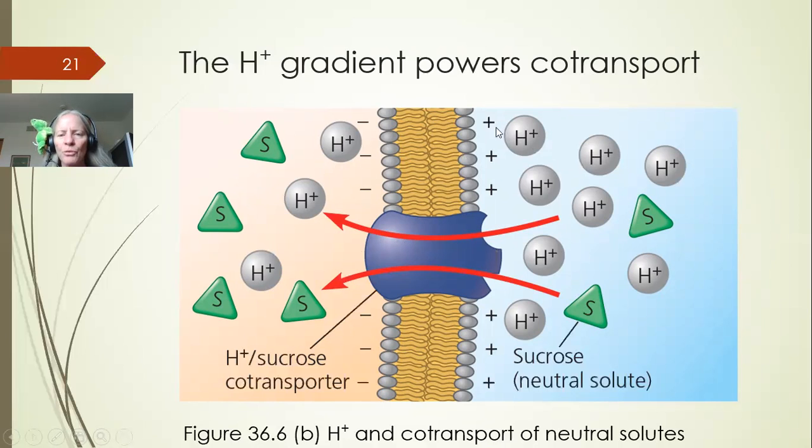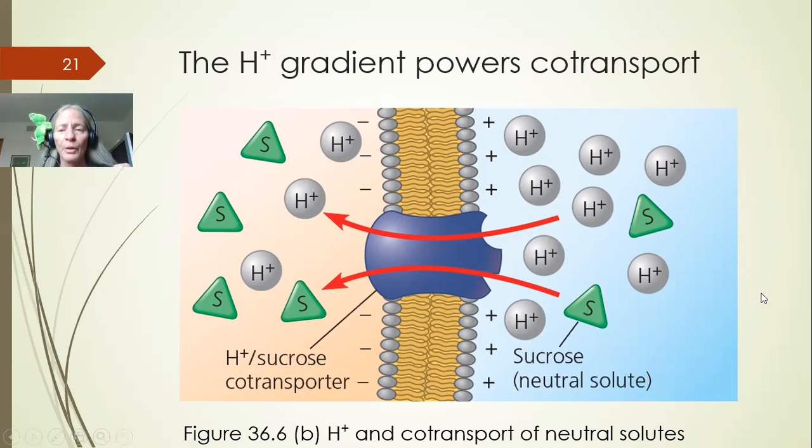The outside is relatively positive, as you can see with these plus signs. The inside is relatively negative. And so that provides the potential energy to move the sucrose. And of course, when the sucrose is moving, that would be kinetic energy.